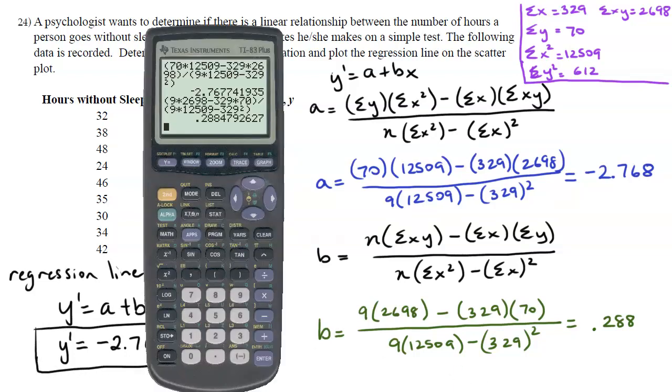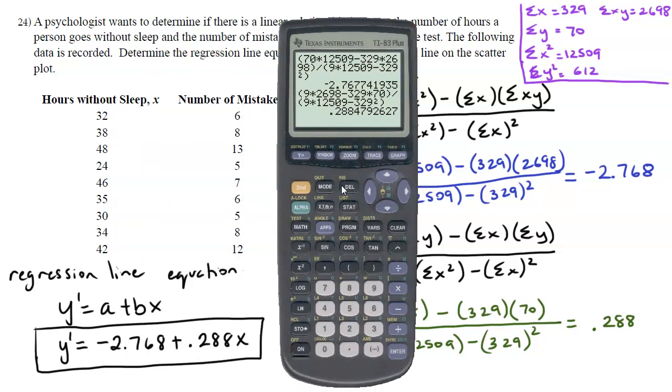Here's how. Notice I already have in stat edit those x and y values in there. So I'll just go to stat, over to tests, and down to linear regression t-test, linreg t-test. This is exactly what we're doing.